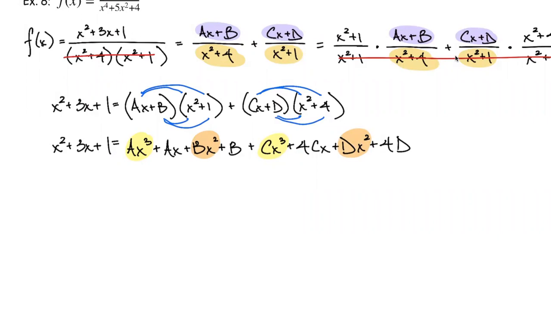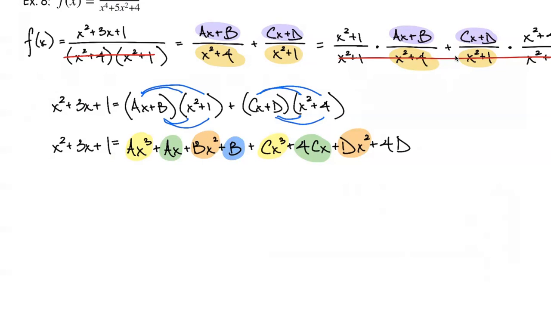What if I highlight ax? What else should I highlight? 4cx. What if I highlight b? What else should I highlight? Yeah, we can highlight that 4d at the end, right?